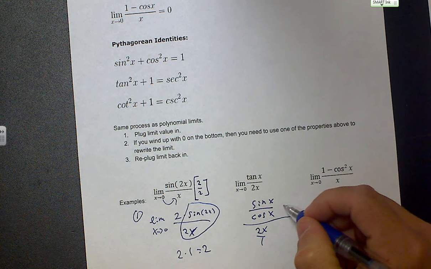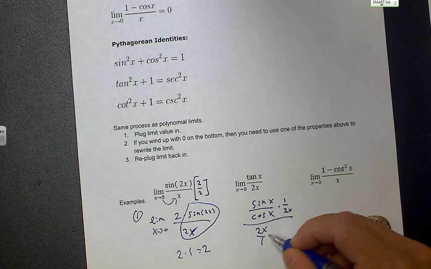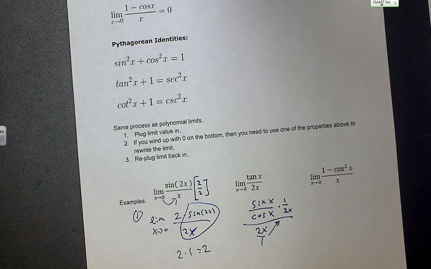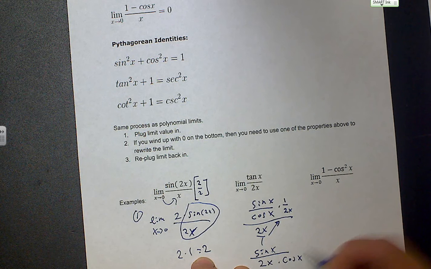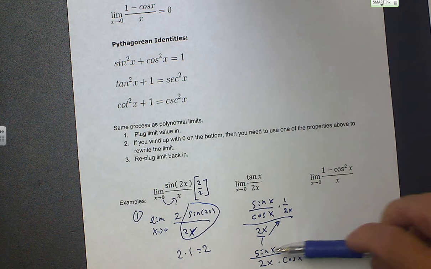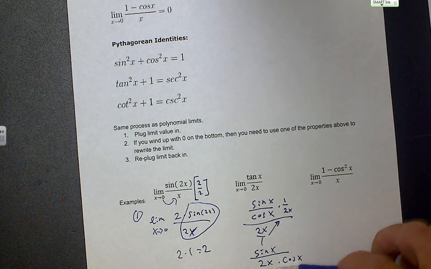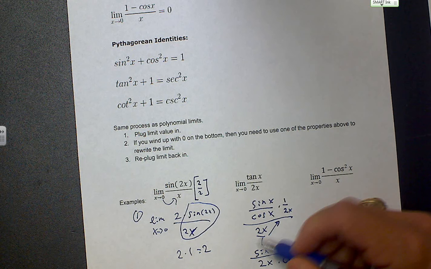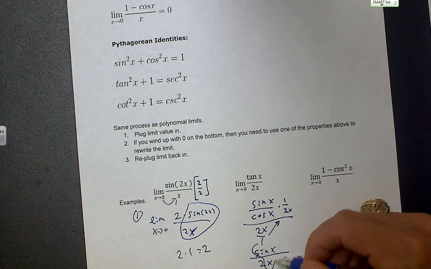So that's really 1 over 2x, right? Well, now I'll rewrite that a little bit, I have sine of x over 2x times cosine of x. Would that be 2 cosine x squared or no?